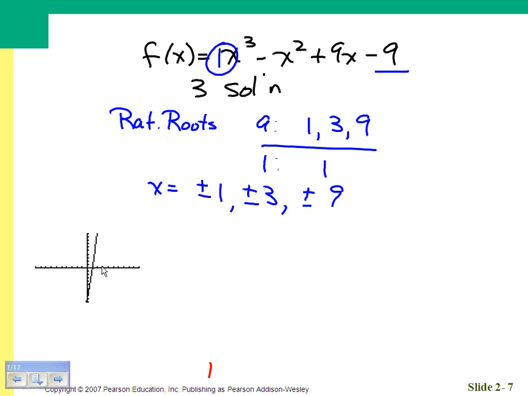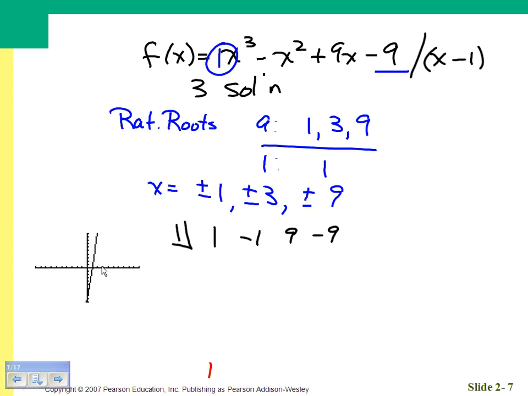And now to figure out what the other solutions are, I may want to try to simplify this. Let's take 1 out of it. In other words, divide this by x minus 1, because we think that's one of the solutions, and see what's left. So I'll use synthetic division. 1, and then my coefficients are 1, negative 1, 9, minus 9.